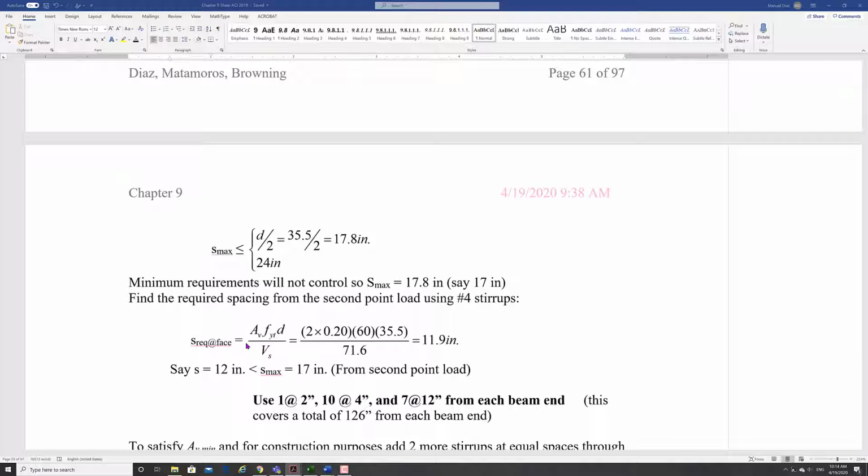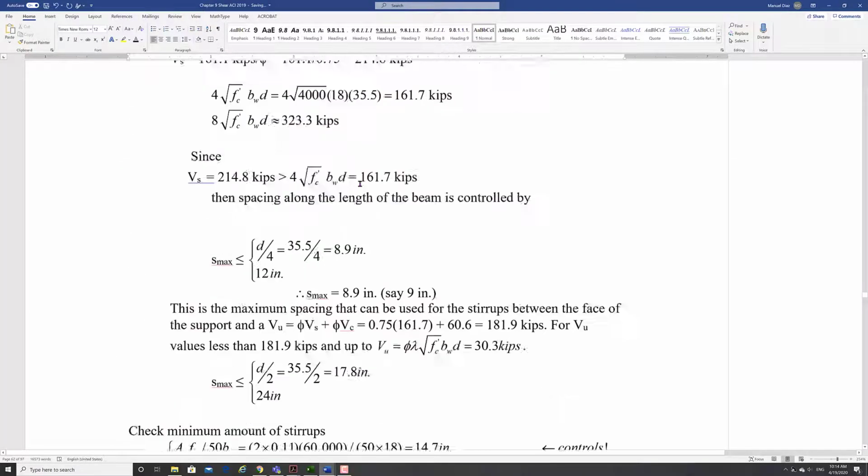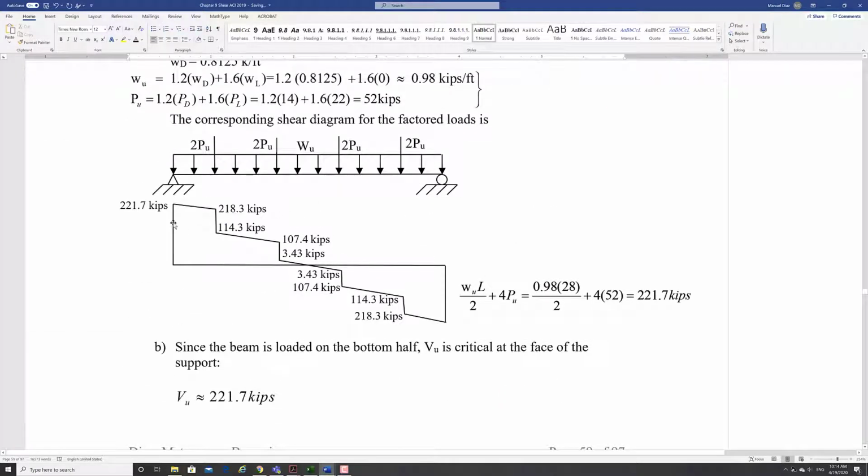Because remember, the 17 is the maximum spacing, but not the required value based on the shear that you have at that location. So you always have to find that. Maximum value here was 8 to 9 inches.